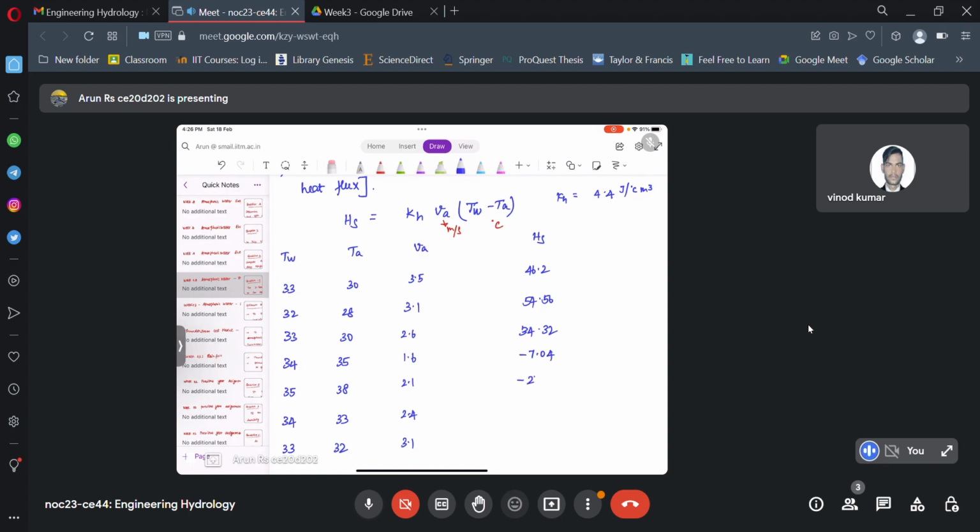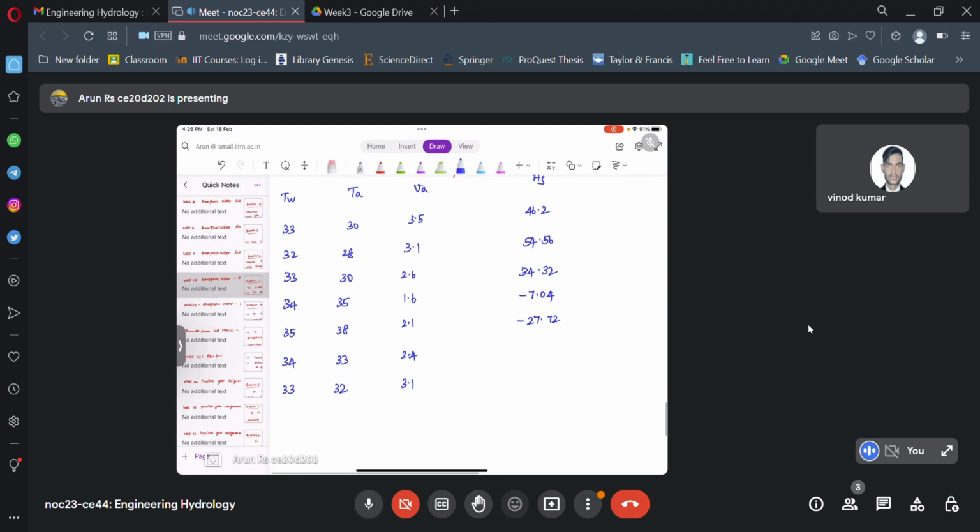So if you see now, you are getting a negative sensible heat flux because your water temperature is less than your air temperature. So this will be somewhere in the peak sunlight, that is in the afternoon. Then 10.56 and 13.64.